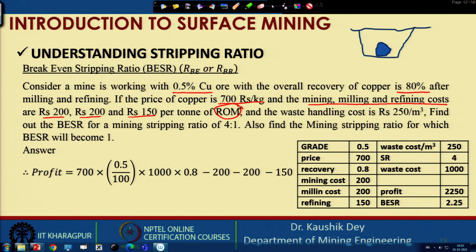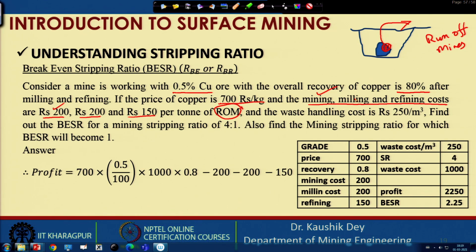Now, let me explain ROM. ROM means run of mines. That means whatever material is taken out from the mine is called run of mines, the direct output achieved from the mine. So, the cost of mining is rupees 200, that means to take out 1 ton of run of mines is rupees 200.